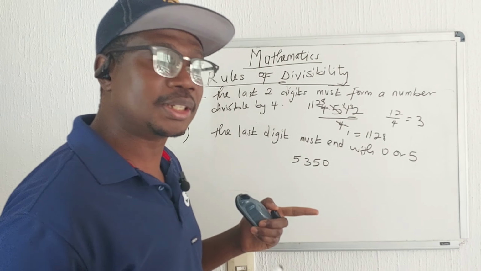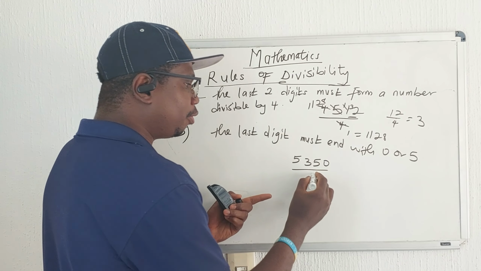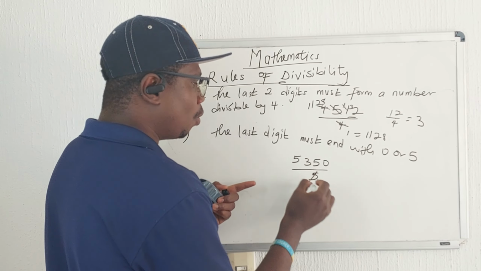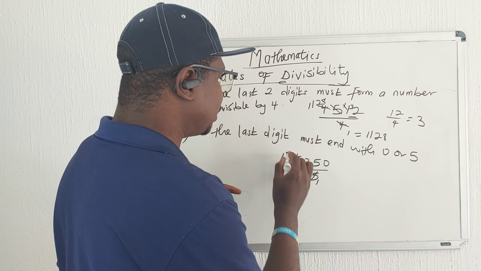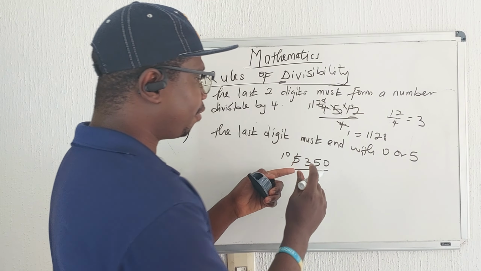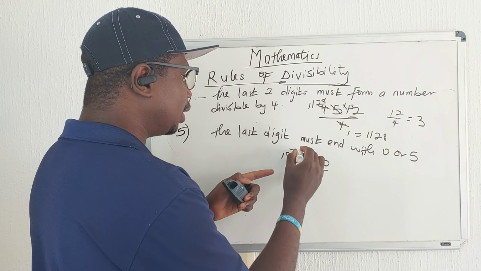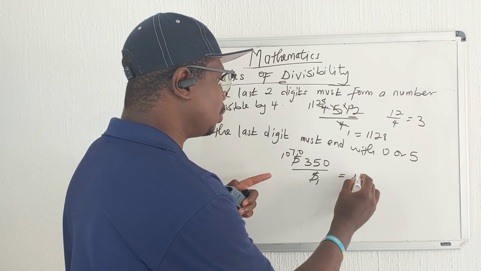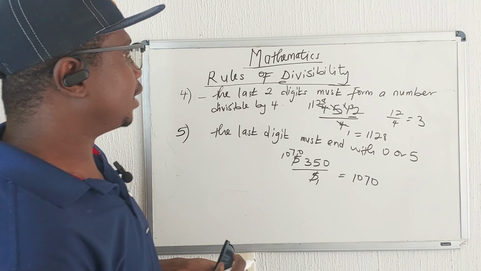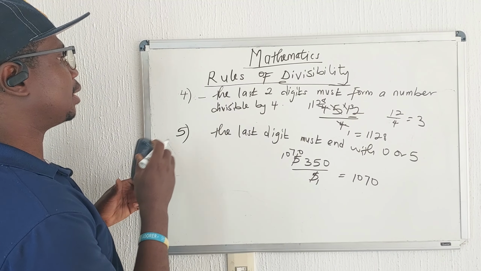It ends with 0. So it's divisible by 5. To prove, divide by 5. 5 in 5, 1. 5 in 3 cannot go, put 0. 5 in 35 is 7, then put 0. So you can see this is 1070.